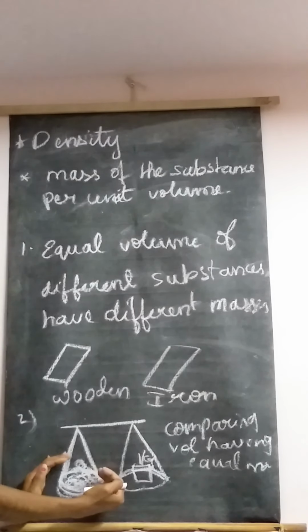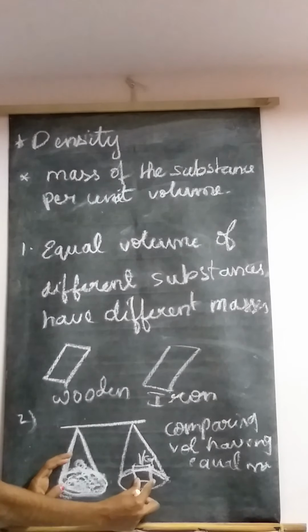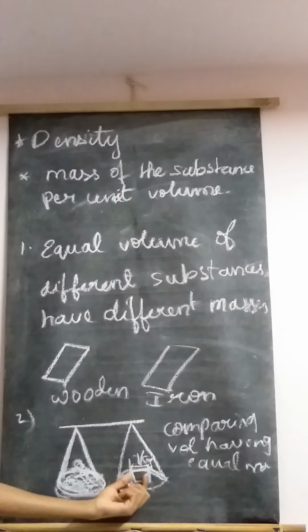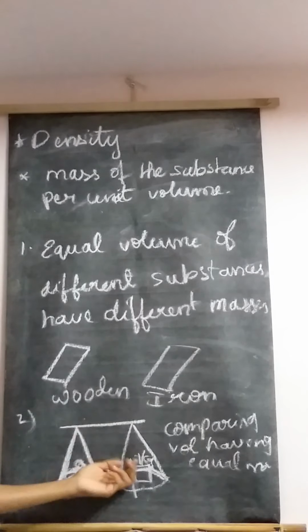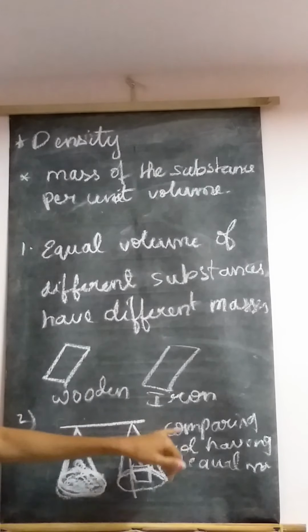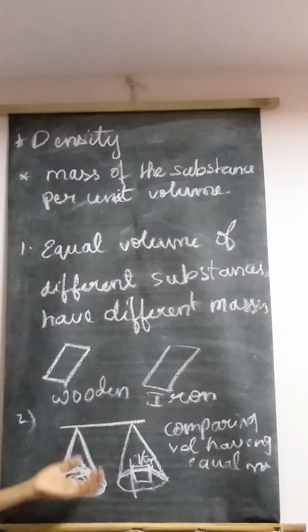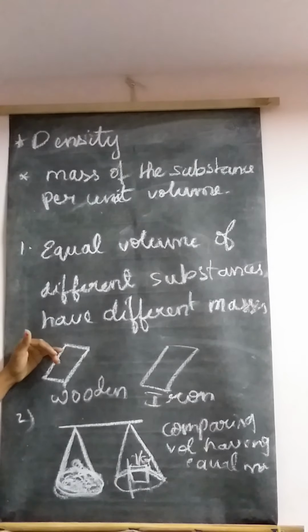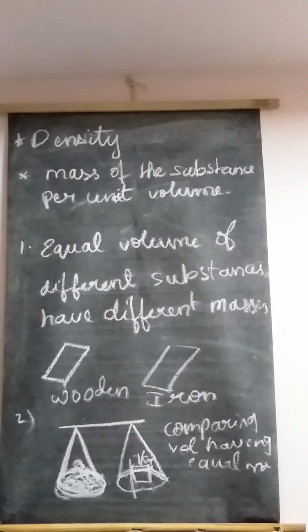But the sugar has occupied the complete portion of this pan, and the 1 kg stone has occupied only a small portion of this pan. With this you will understand that the volumes are different but the mass is the same. So equal volumes have different masses, and this you will understand through density.